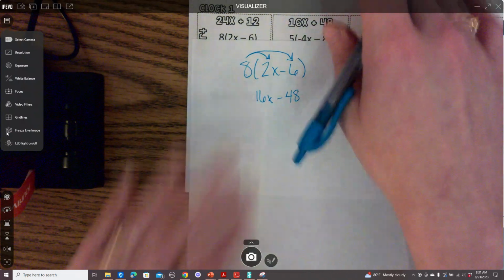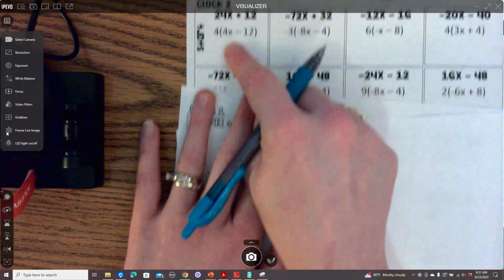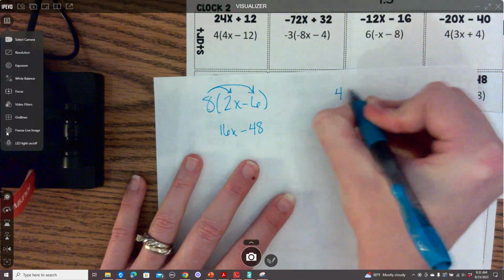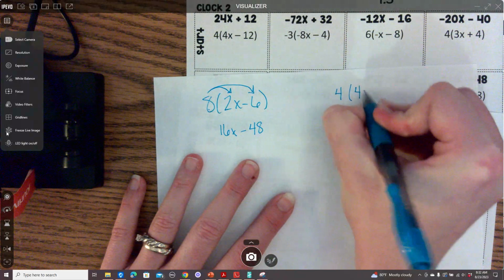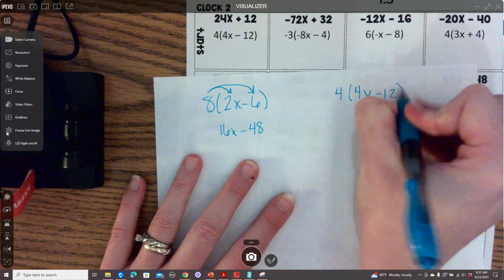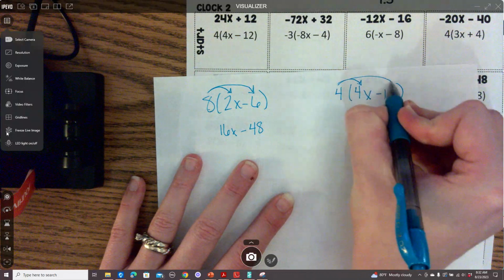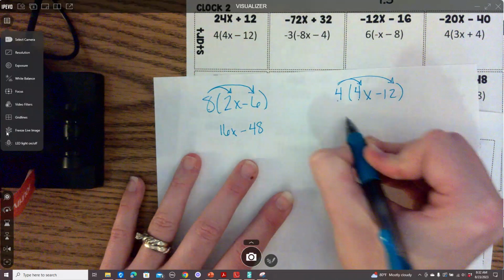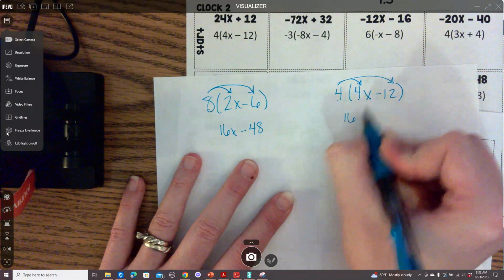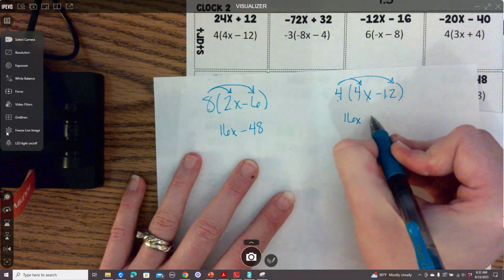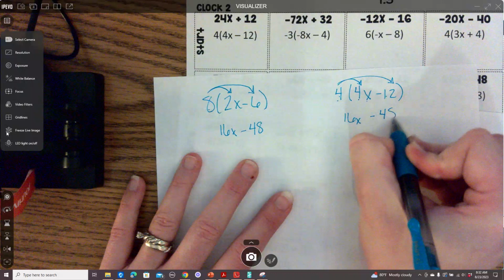So if you have clock 2, here's your problem at the start box. Is 4 times 4x minus 12. So I can distribute 4 times 4 is 16. Tack the x on. 4 times a negative 12 is a negative 48.